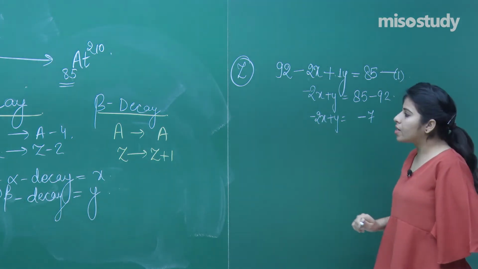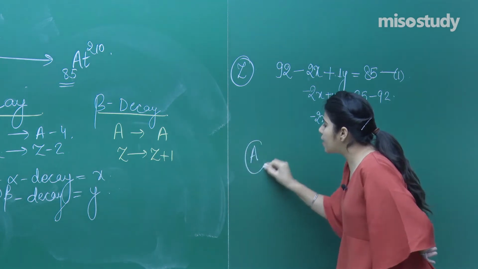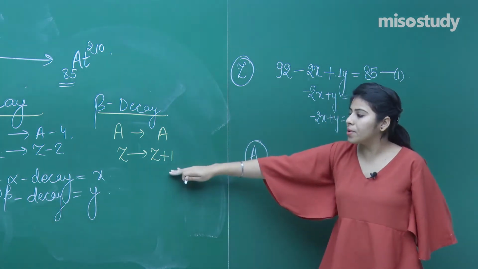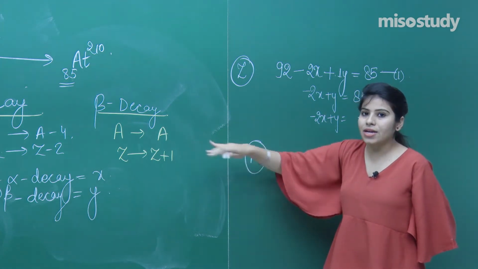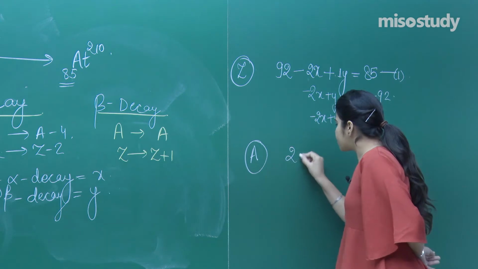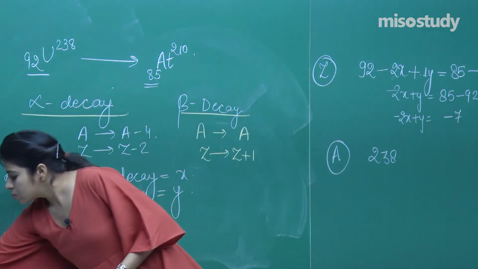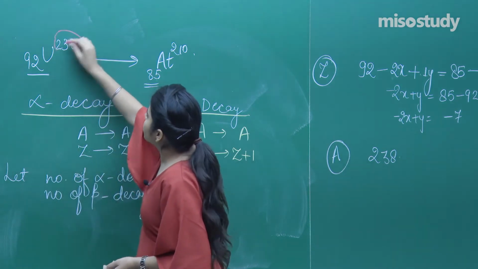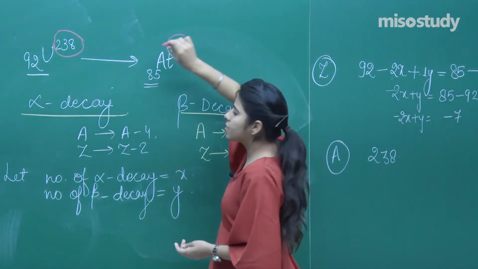So you will have minus 2x plus y equals minus 7, right? Now if I take the case of mass number, that means A, the mass number in the case of alpha decay will be reduced by 4, and in beta decay it will remain the same. So earlier it was 238 and after the decay it has become 210.